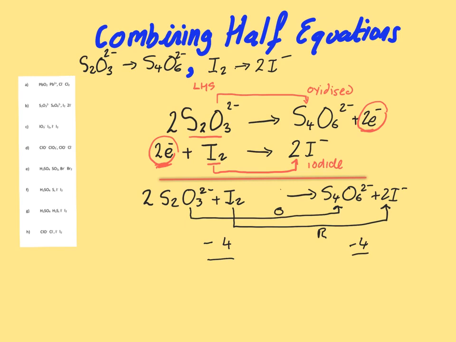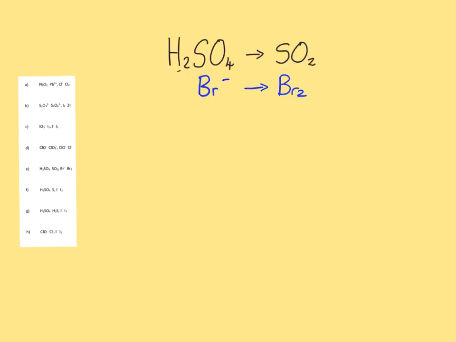Let's try some more. Are you able to write a full redox reaction for when sulfuric acid reacts with bromide ions? Well, let's first of all balance the half equations. You can see that on this side we have 4 oxygens, and therefore we only have 2 oxygen atoms on here, and yet we only have 1 sulfur.